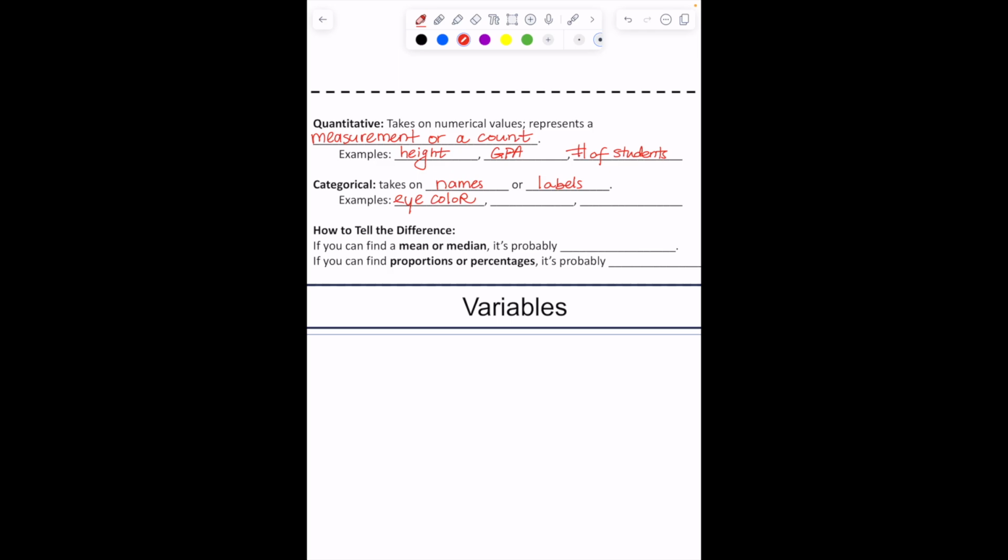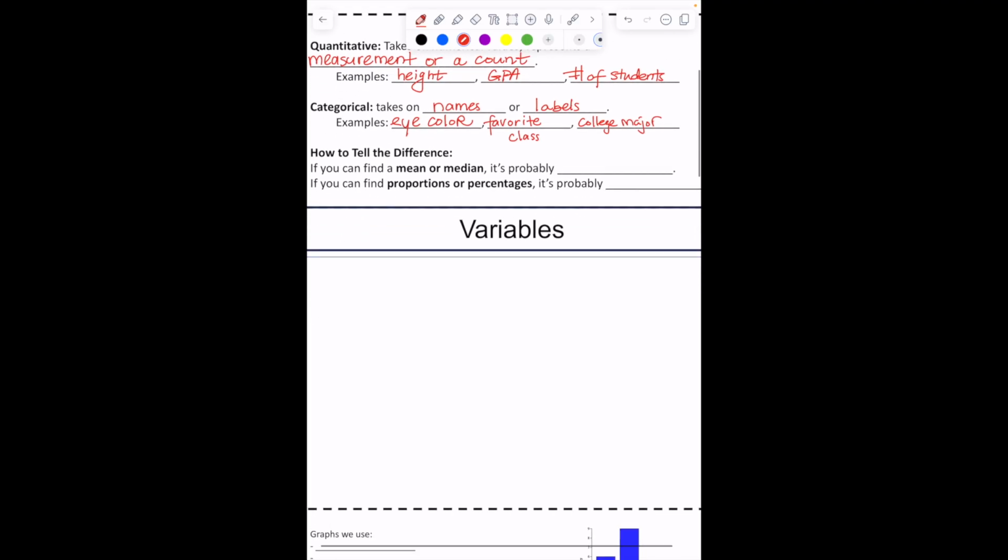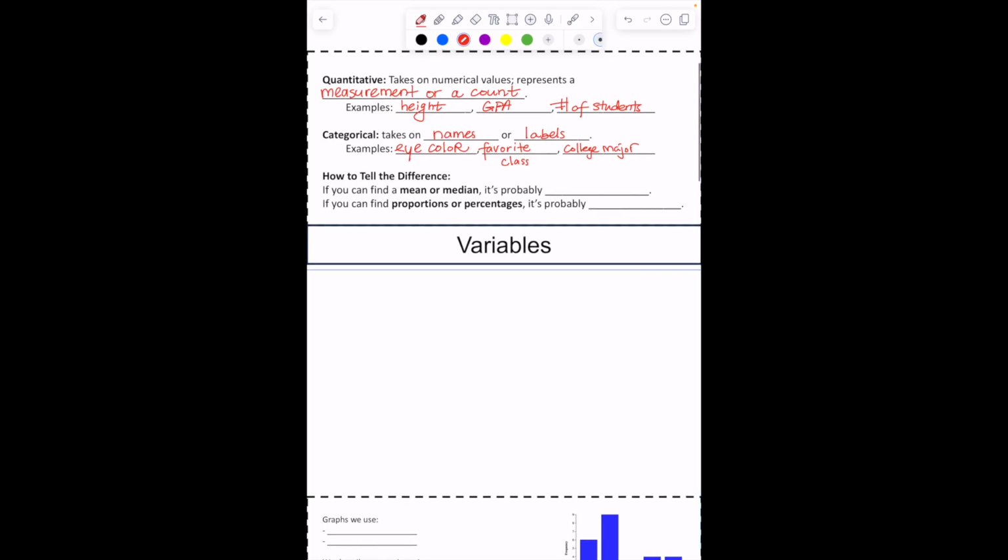Those are names or labels. Favorite class. College major. Those are just a few off the top of my head, but hopefully you can think there are literally infinite categorical variables that we can collect data about.